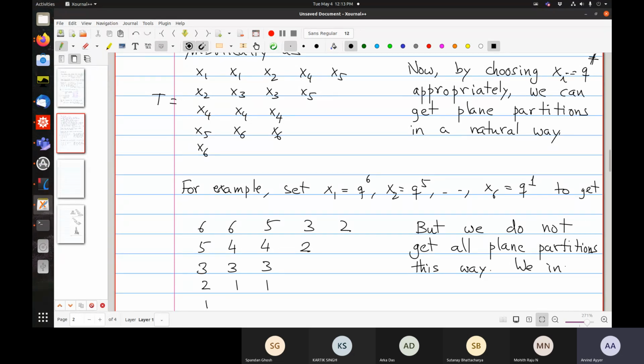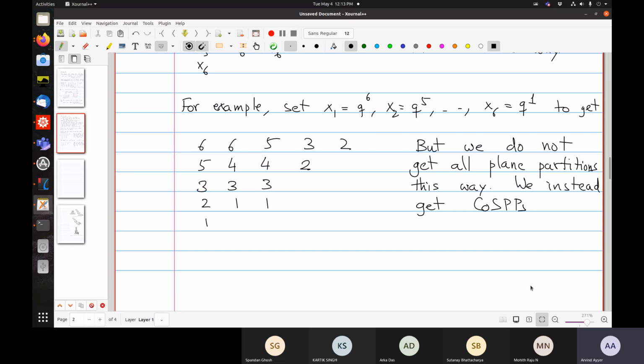We instead get what we had called co-SPPs, column strict plane partitions. We didn't call them CSPPs because CSPPs were cyclically symmetric. So co-S stands for column strict.